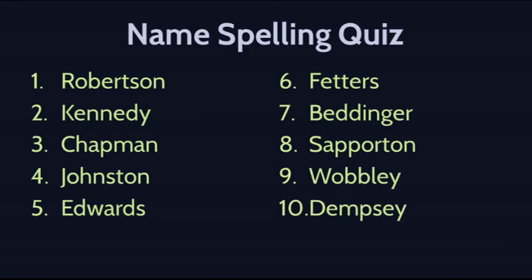And most of these names are very common, so if, for example, you could not spell Chapman, or Robertson, or Edwards, those are names that you should be able to recognize and should be able to spell accurately even without them being spelled for you. So I recommend, as I mentioned, go online, find a list of the most common surnames in England or in America or in Australia, and at least make yourself familiar with the first 50, or at least the first 20.